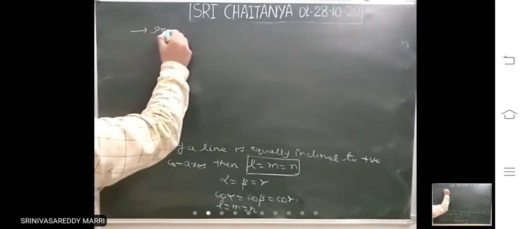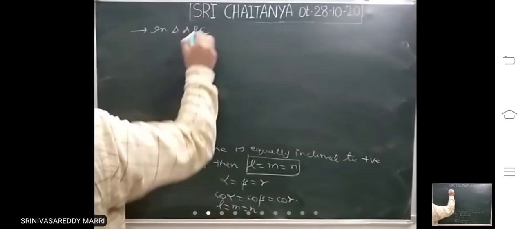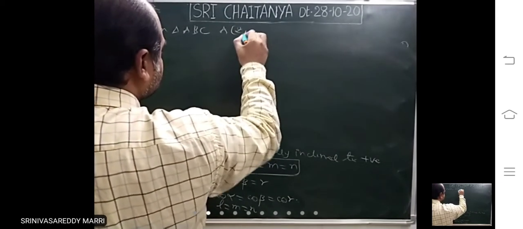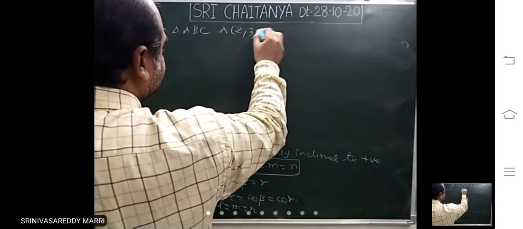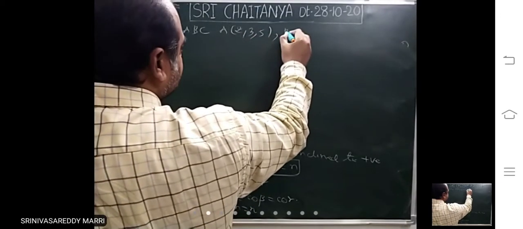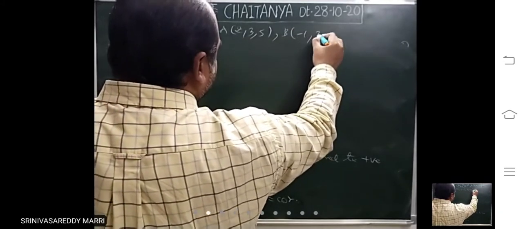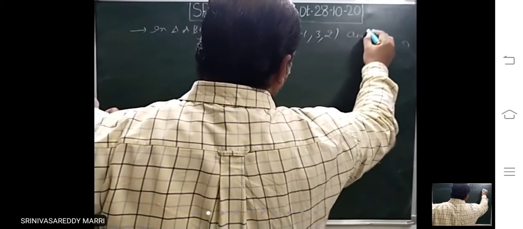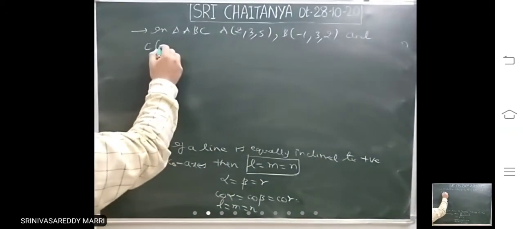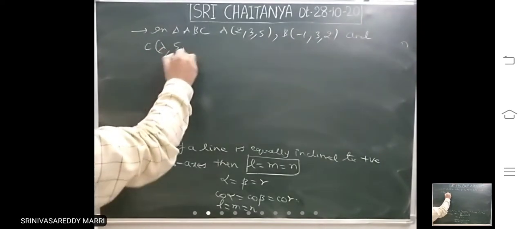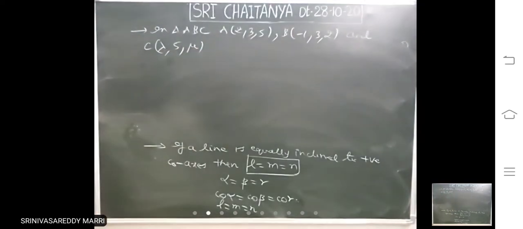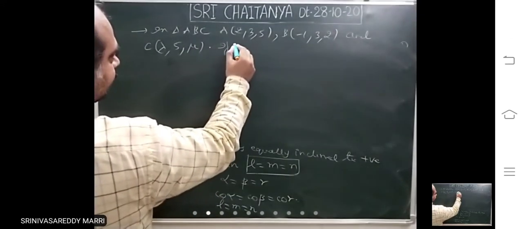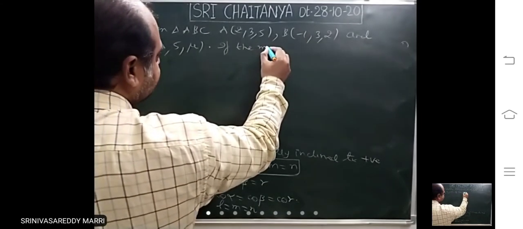In triangle ABC, A is (2, 3, 5), B is (-1, 3, 2), and C is (lambda, 5, mu).